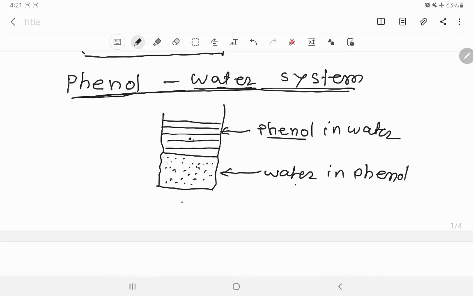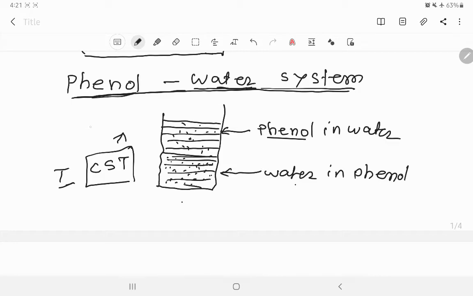And ultimately, after a certain temperature, two conjugate solutions change into a homogeneous solution. And this temperature is called the consolute temperature or critical solution temperature. Yes, got it? Since it is at the upper limit, it is called the upper CST. What is meant by upper CST?